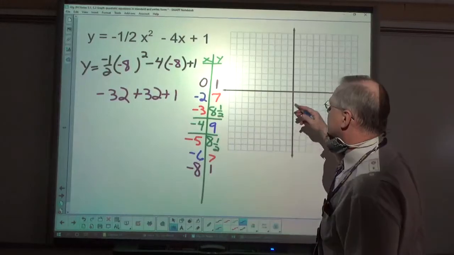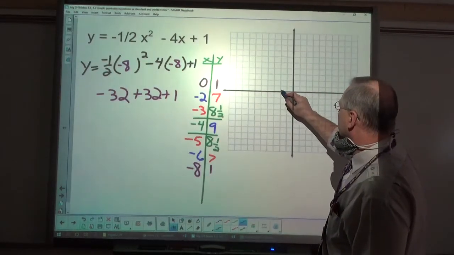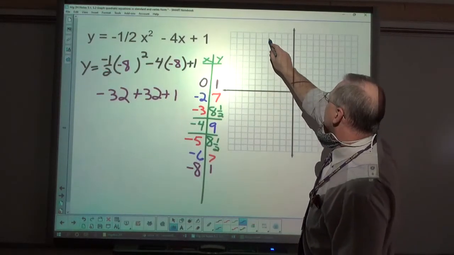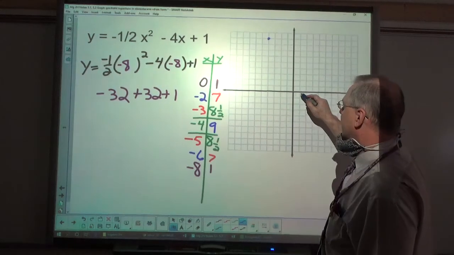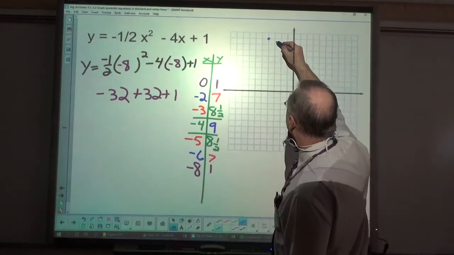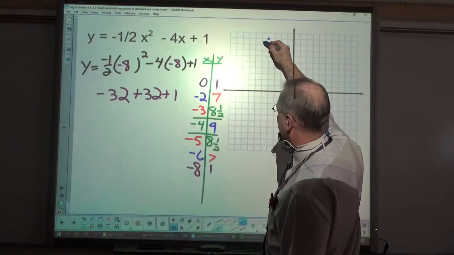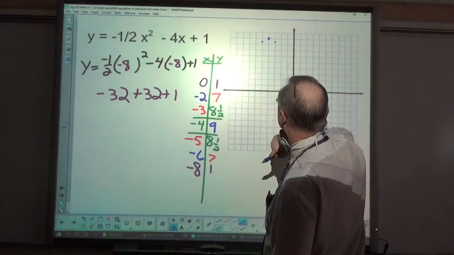Let's plot these points. -4, positive 9. -3, 8.5. -5, 8.5.